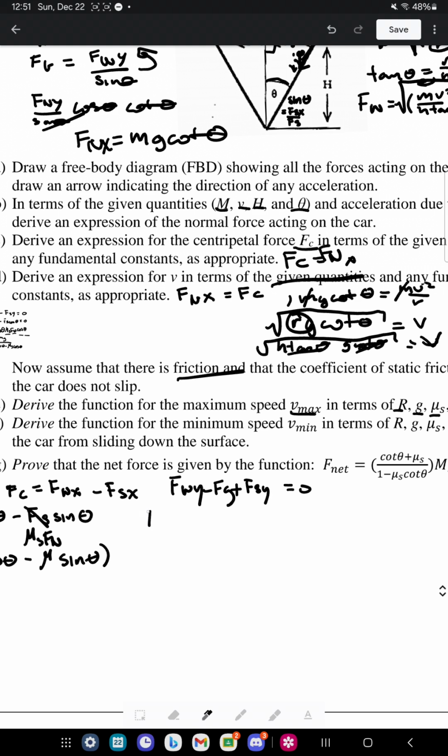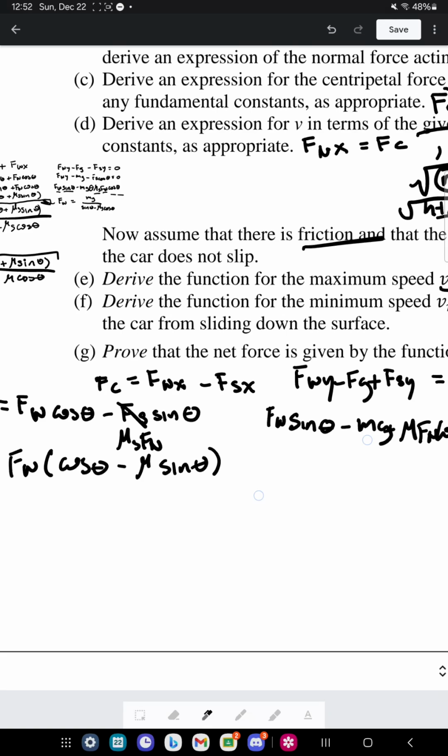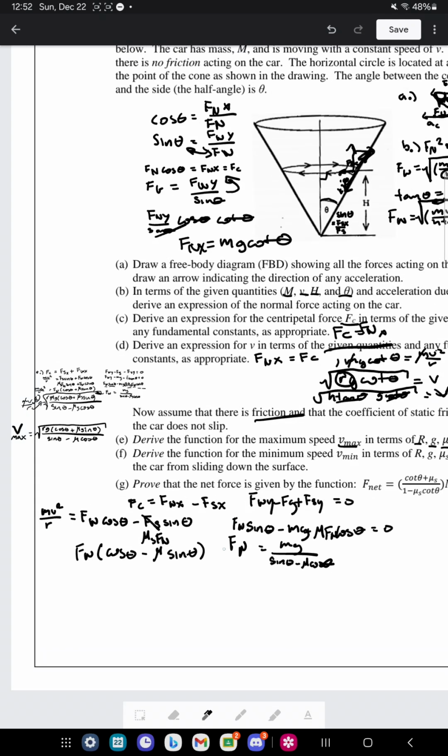Let's see, fn sine theta minus mg plus mu f of n cosine of theta equals 0. And I'm taking these values from the previous part, and if I solve for f of n, it equals mg over sine theta minus mu cosine theta, and I'll plug that into here.